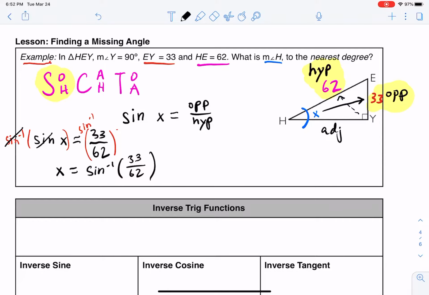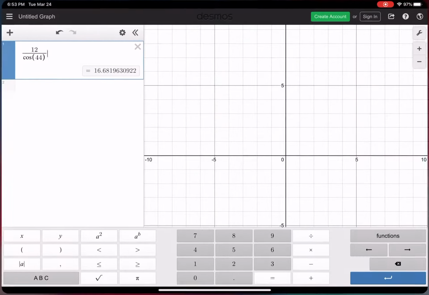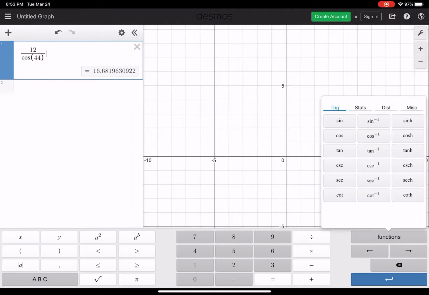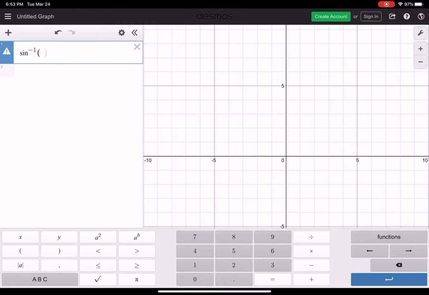All right, so I'm going to really just now turn to my calculator because I can't do anything else here on my own. I'm going to go into Desmos, and you find those inverse sine functions in the function menu. Let's delete what we already have. So we're finding sine -1 of 33 divided by 62. And we see that our angle here is 32.15.